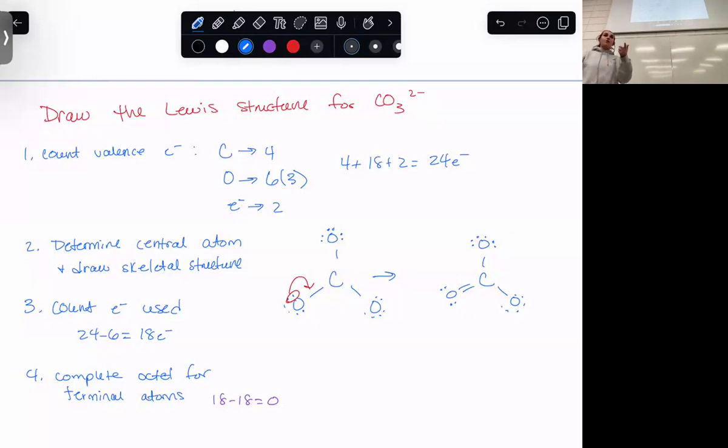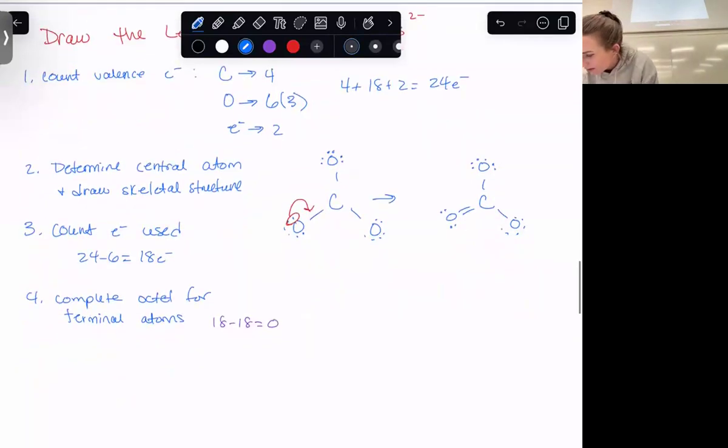Charges too. Good, we can add our charges. And where did those charges come from? What did we calculate in order to get those charges? Valence electrons minus the lone pair electrons minus 1/2 the bonds. Perfect, right? And so that's going to be our formal charge. So we'll call these oxygen 1, 2, 3.